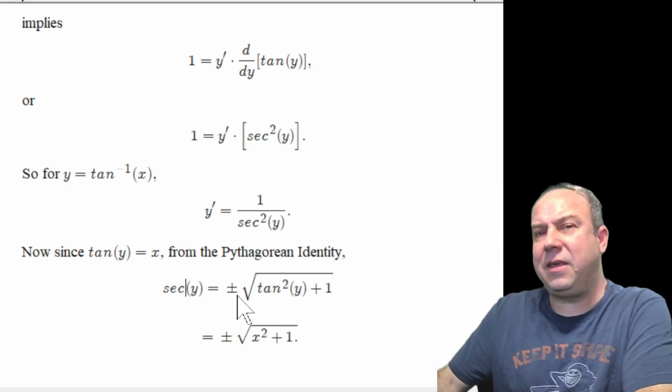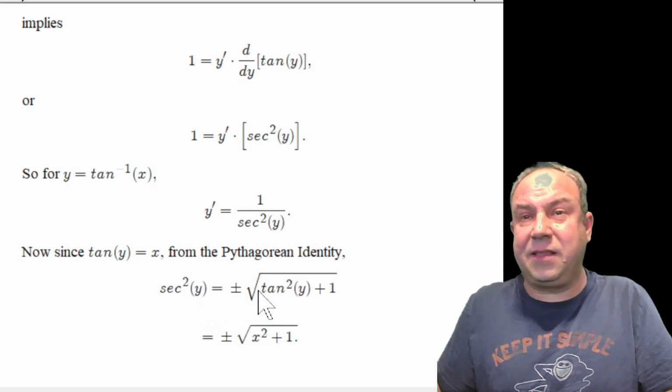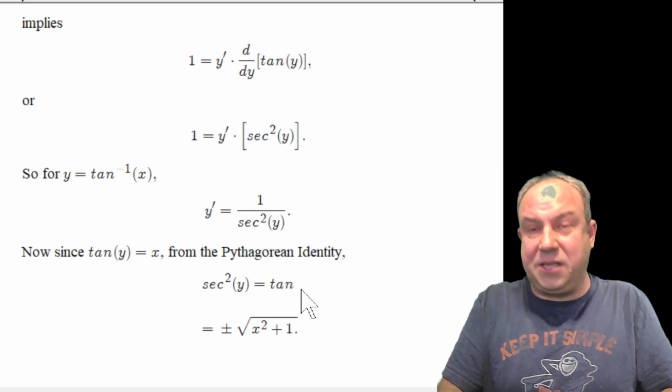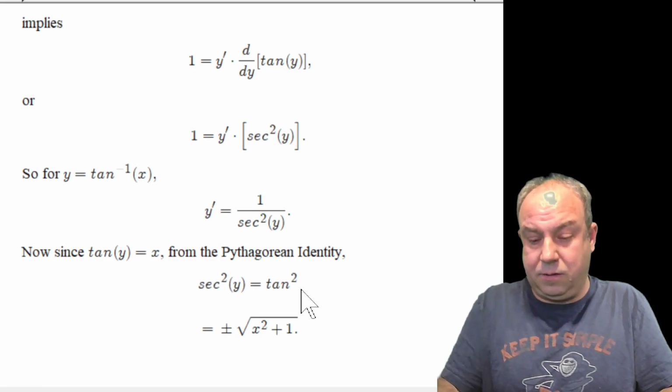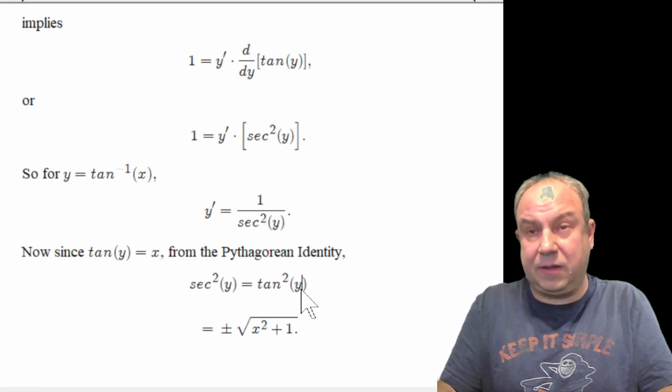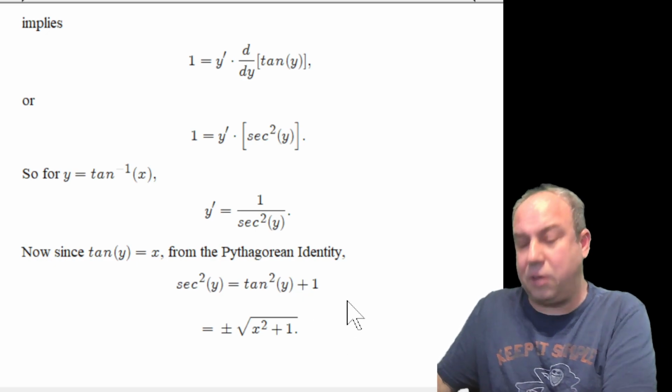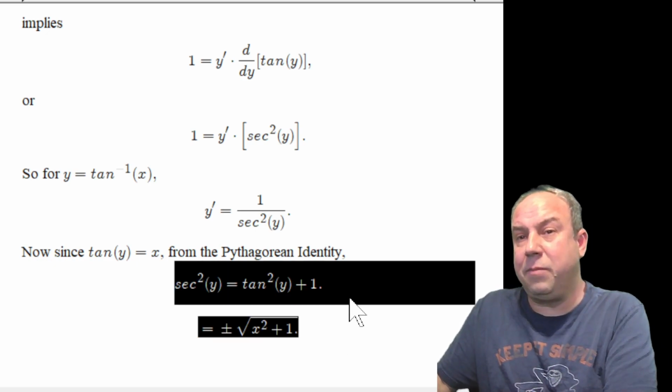And in fact, I think we can even simplify that back to just saying the secant squared of y must be equal to just the tangent squared of y plus 1. And we can substitute that result into the above statement.